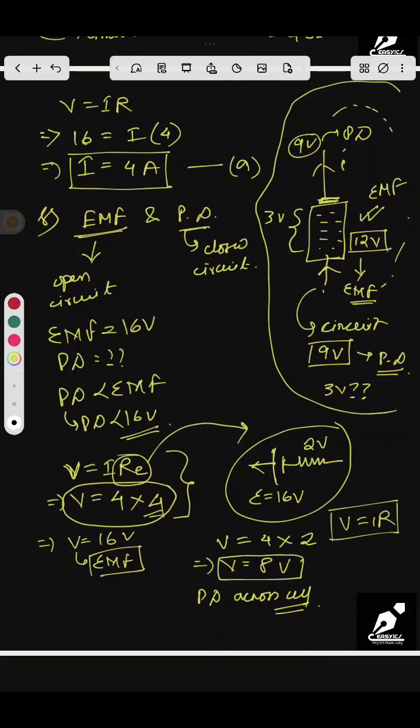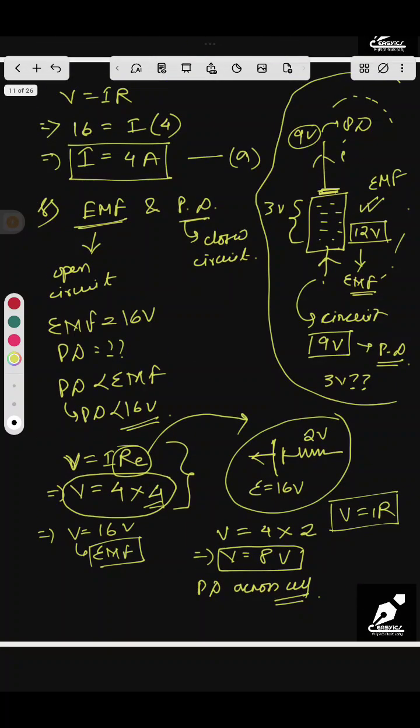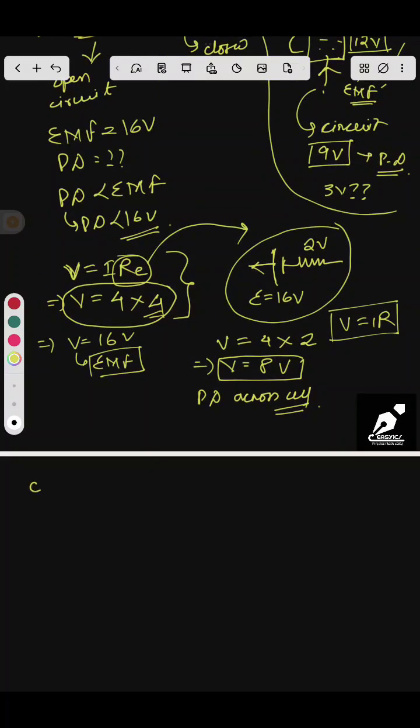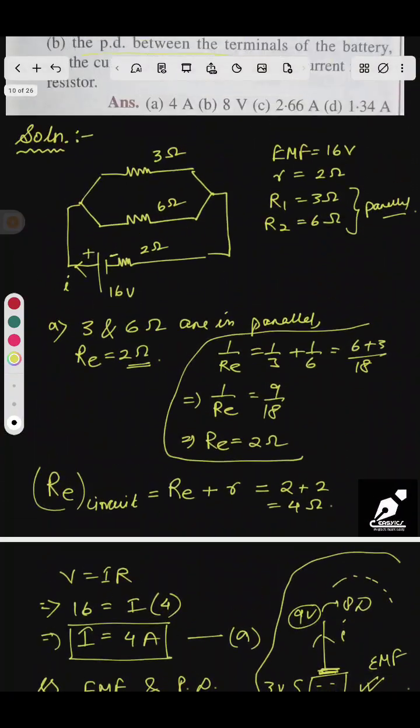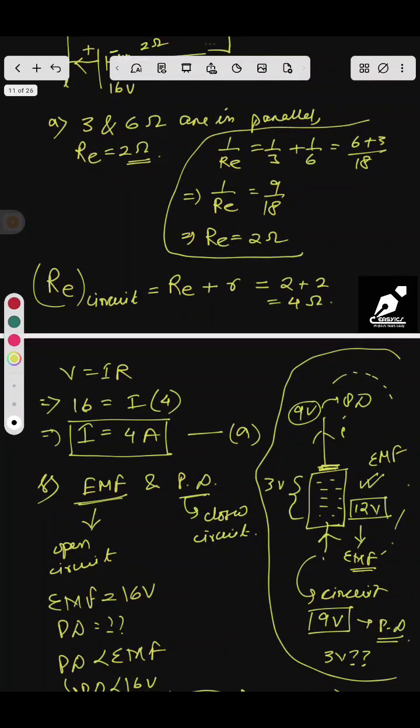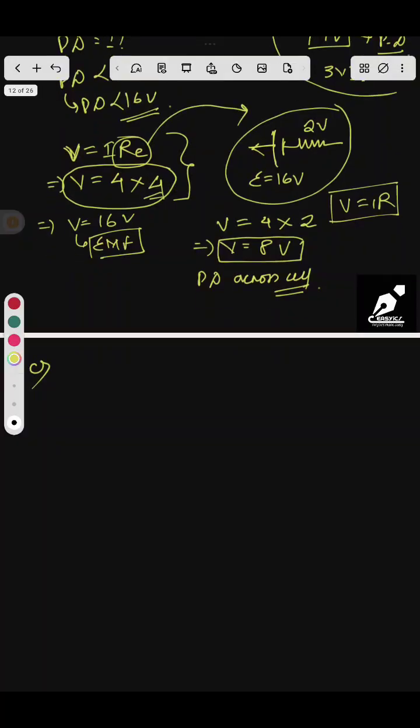Remember that. See, our EMF was 16. Potential difference came out as 8, which I already told. EMF will be more than the potential difference. If this one is okay with you, let's go to the third part of the question, which says the current in the 3 ohm resistor. Okay, fine. Let me draw the circuit once again.